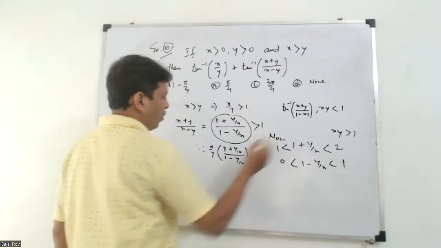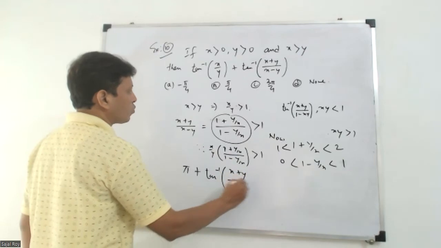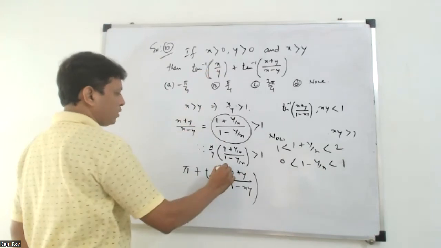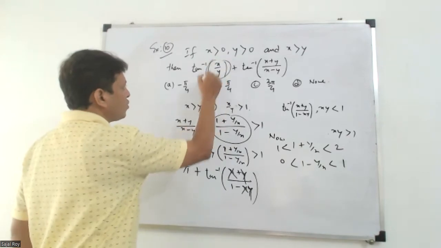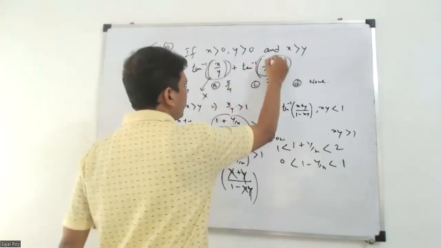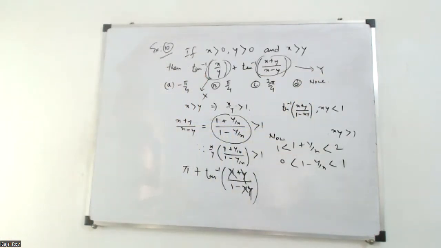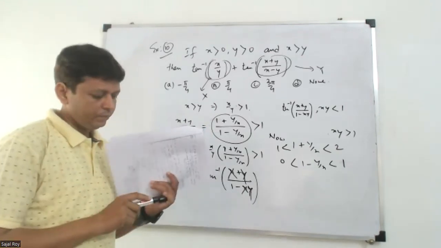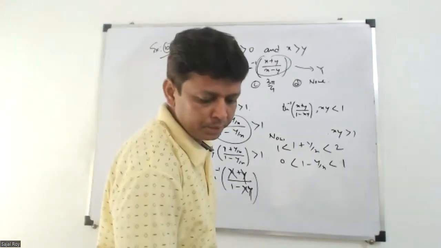So you will apply the formula pi plus tan inverse of x plus y by 1 minus xy. Here this whole thing is your capital X, and this is your capital Y. So that was the trick of the problem. The answer is pi minus 3 by 4. You can check that.